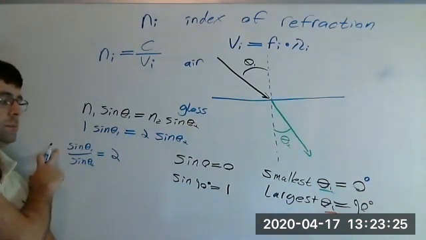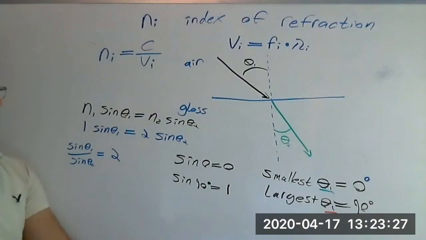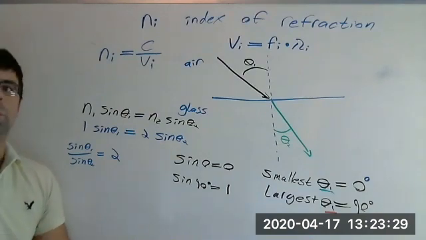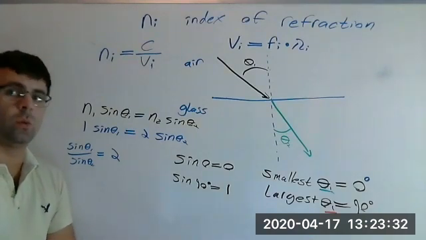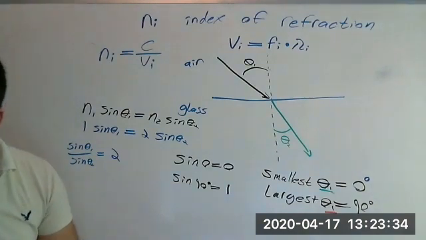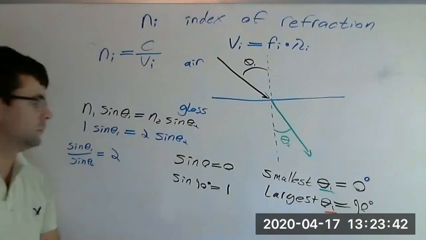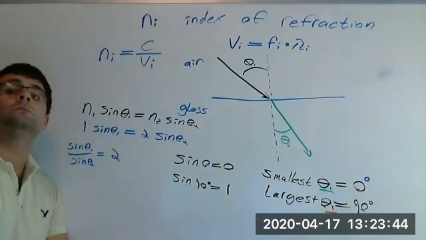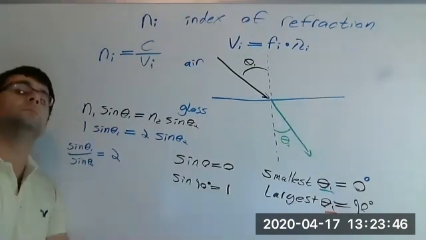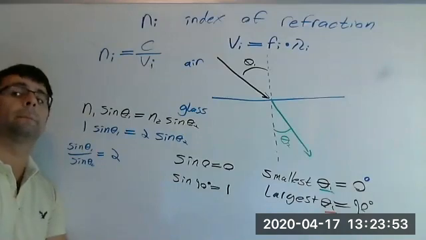So which angle is bigger? Theta 1 or theta 2? Two. 2 is smaller.